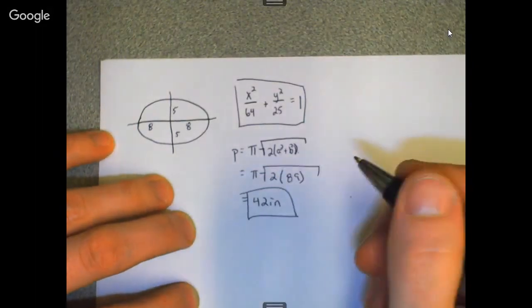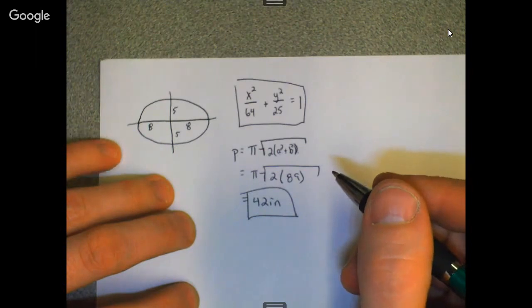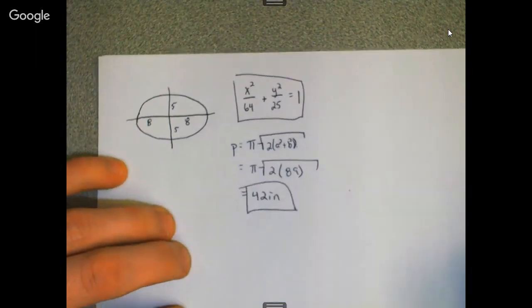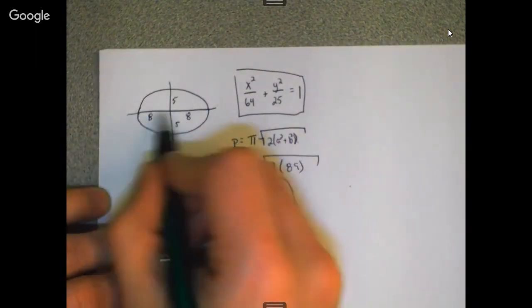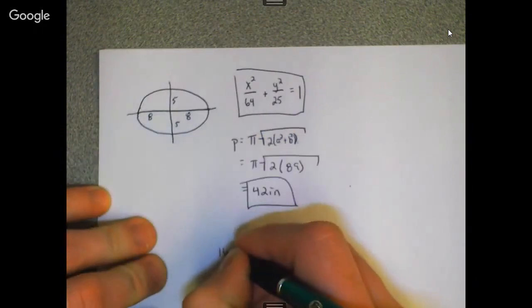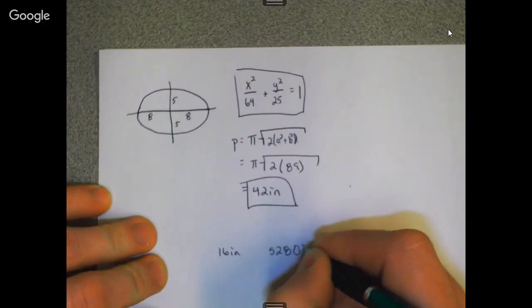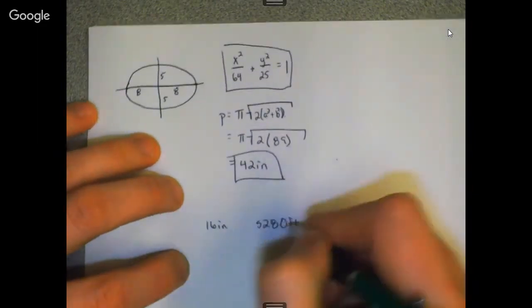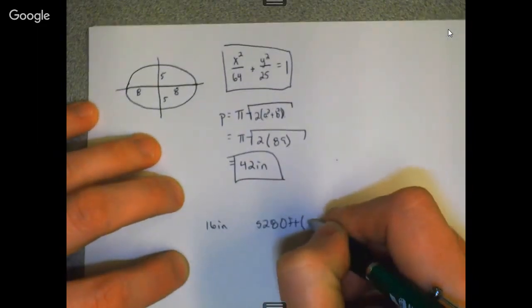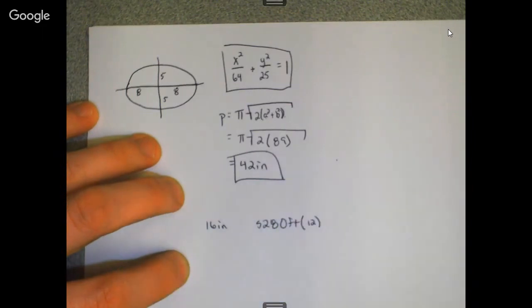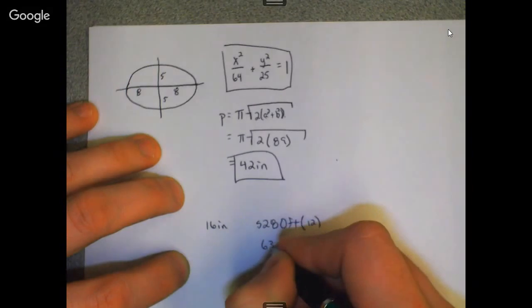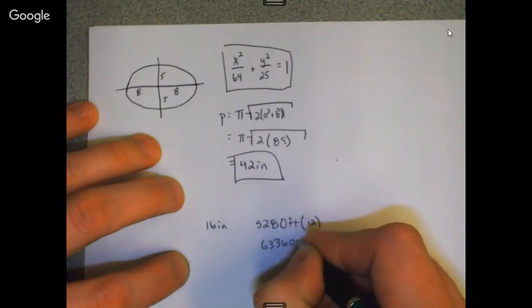And then it says how many steps are needed to travel 1 mile. Well, a step only covers 16 inches. And you have 5,280 feet in 1 mile. Well, I'm going to change this feet to inches, so multiply by 12. You get 63,360.